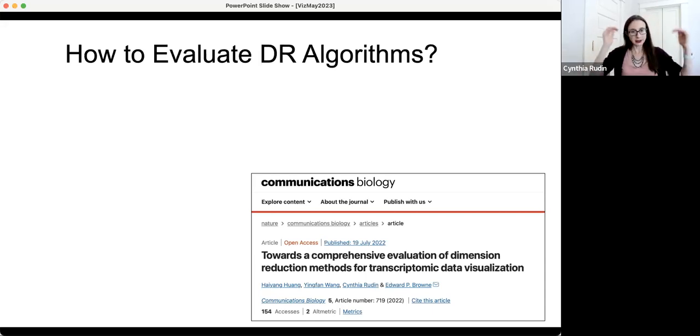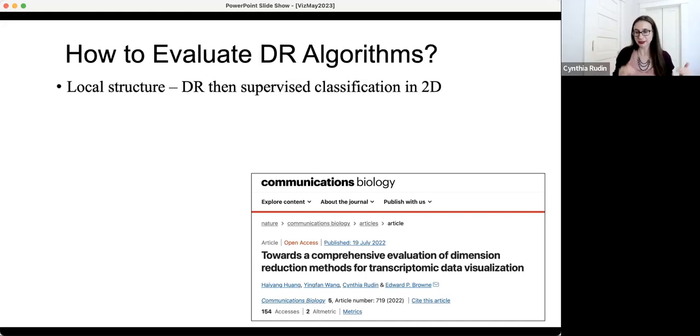So we provided a whole series of metrics you can use to evaluate dimension reduction. The first is a local structure method, where you take supervised data, you project it down in an unsupervised way, and then try to classify it and see if you can classify well. If you can, it means you preserved the class structure when you did the projection.